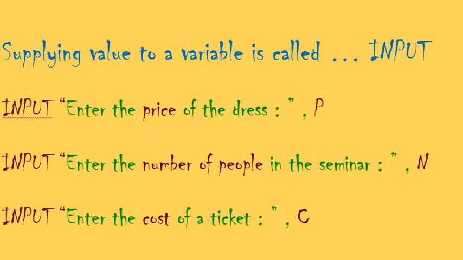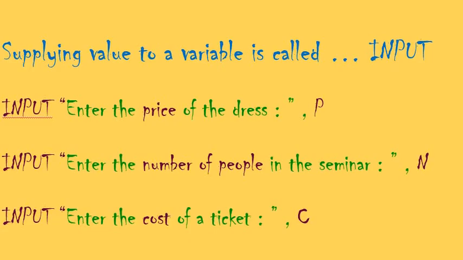Now, if you look at this statement, it will show input, enter the price of the dress, and P is going to hold the value of the price. Input, enter the number of people in the room, and the variable n is waiting to get filled by a number that represents the number of people in the seminar.